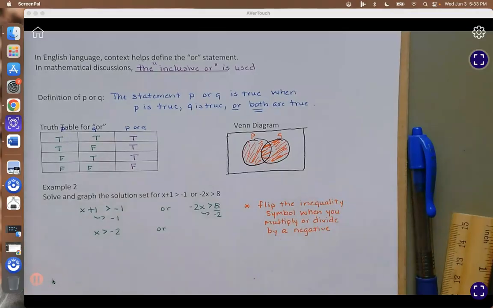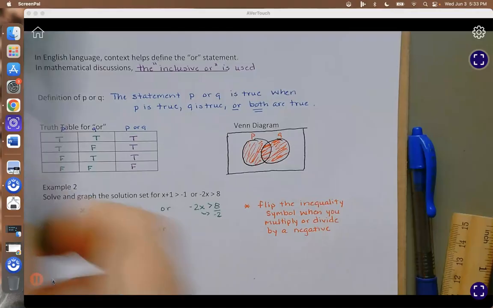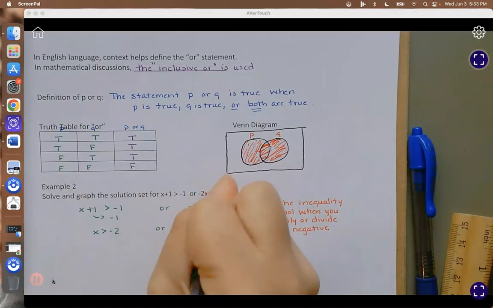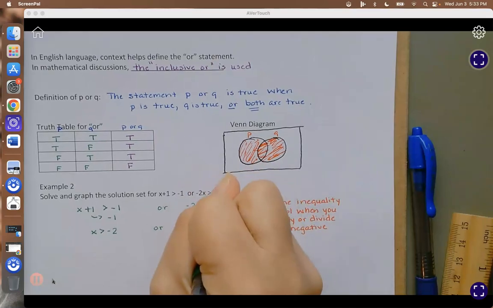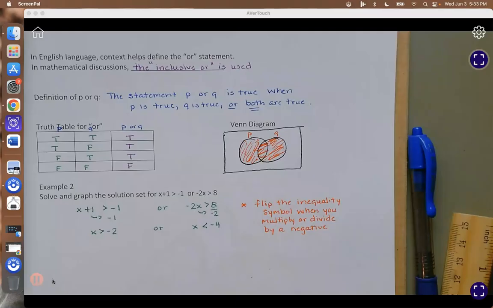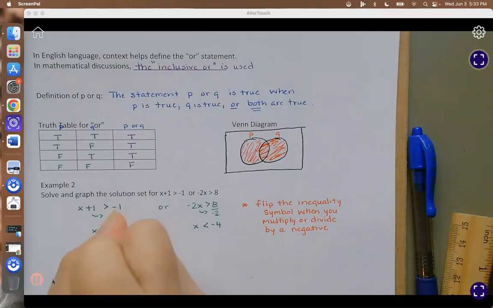All right, so we have that. So we divided by a negative, so it's going to flip the symbol. It does not change the equal to part, it just flips it. So x is going to be greater than -2 or less than -4.